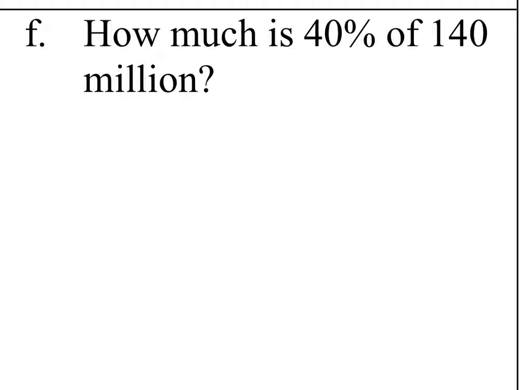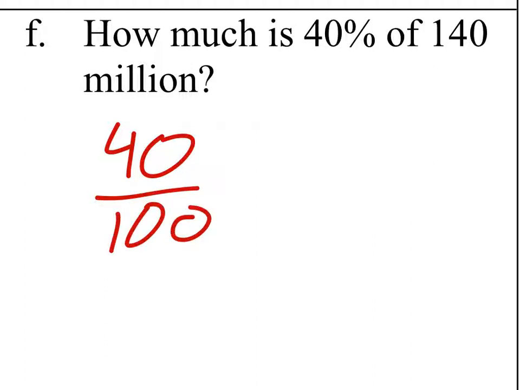What I did, I used the fishy method, I guess. Because 40% is over 100, so it's 40 over 100, for 140 million. And what's 40% of that?